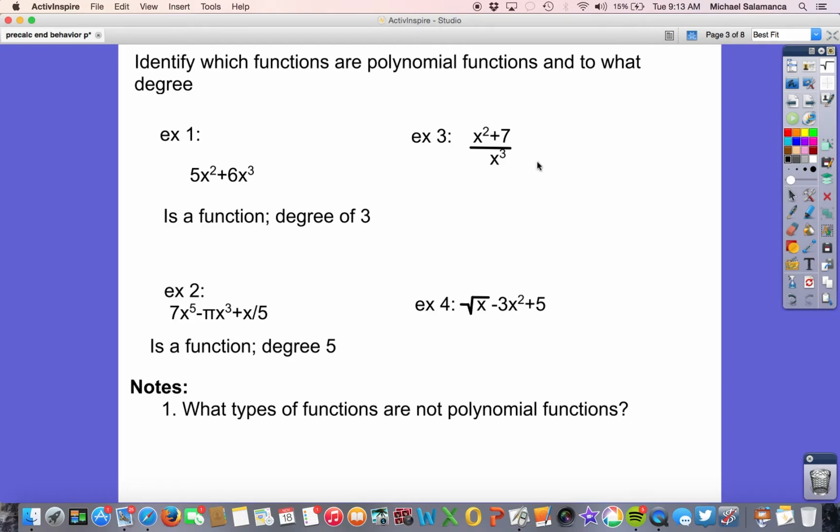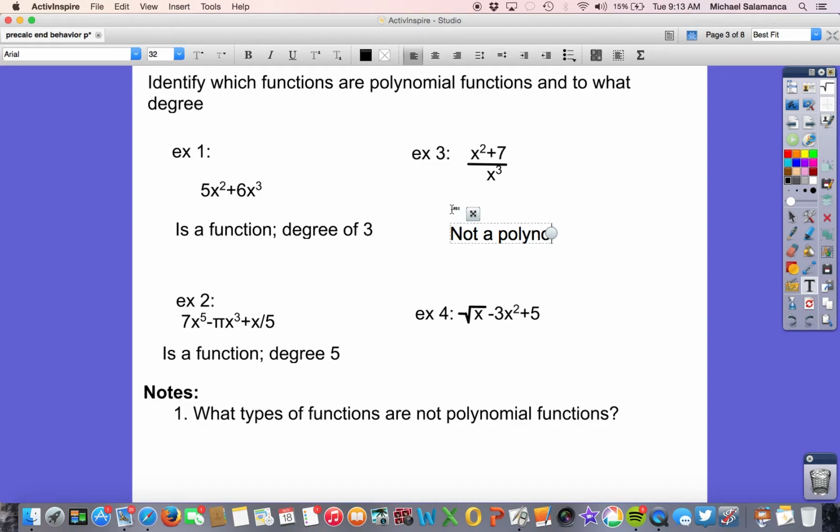In example 3, you'll notice here that we have a fraction. And in this fraction, we have x's, or variables, on the numerator and denominator. Because we have an x on the denominator, this function does not count as a polynomial function. So, not a polynomial function because it has that 3 on the bottom. For example 4, like we mentioned in the previous slide, this is not a polynomial function because it has a square root.